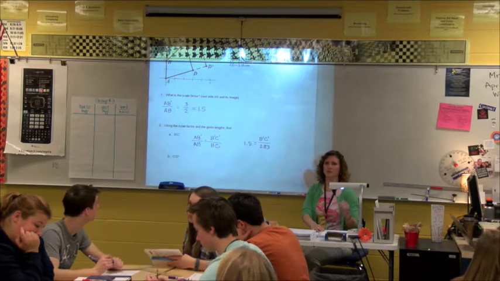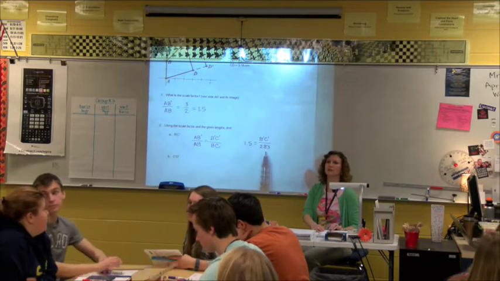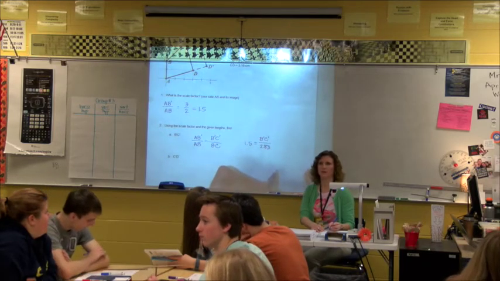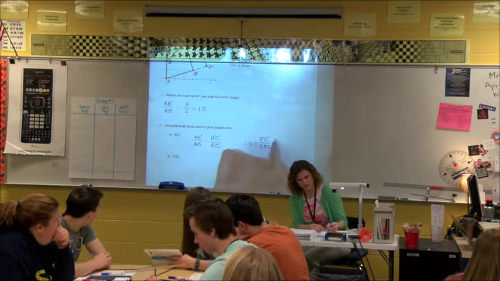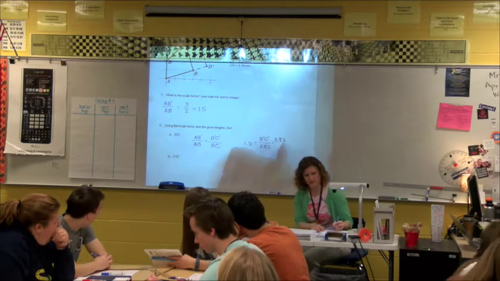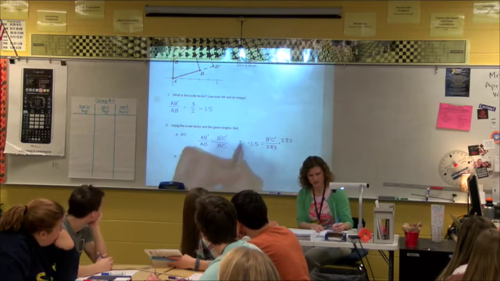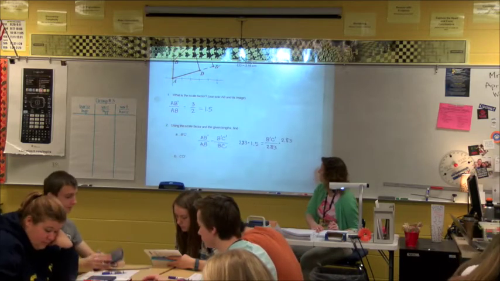You have to do something to both sides, right? And I'm undoing division. Multiply what? Do I need to do it somewhere else? Right. Okay, so if you could all grab your calculators.